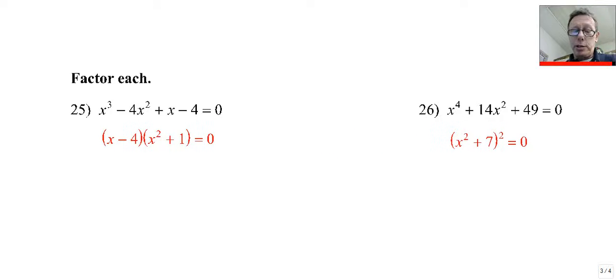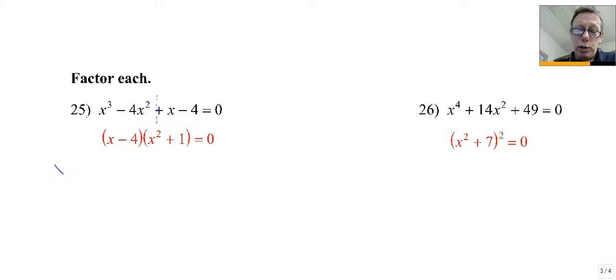Okay, the next one says to factor. Now we have a 0 there. I think that's probably just the way the software brought that up. So we're just going to go ahead and factor it. We'll leave the 0 there. So the first one, notice I have 4 terms, and it's an x cubed, x squared, first power, and a constant term. So I think I can use grouping there. So let's take a look at the first two terms and kind of mentally divide those.